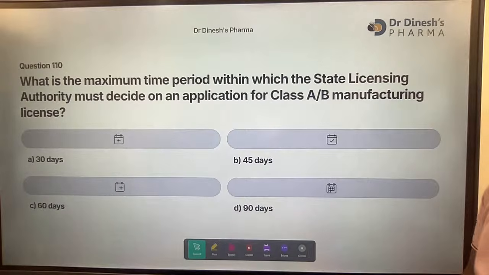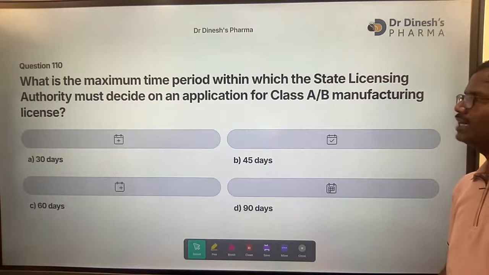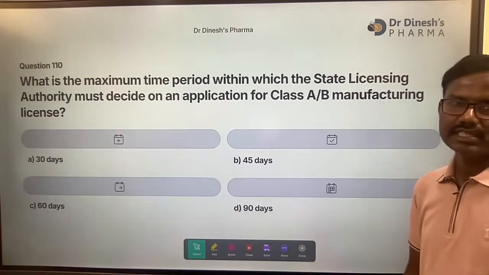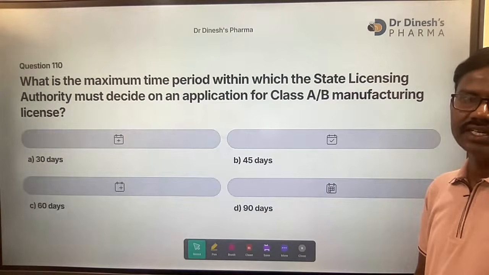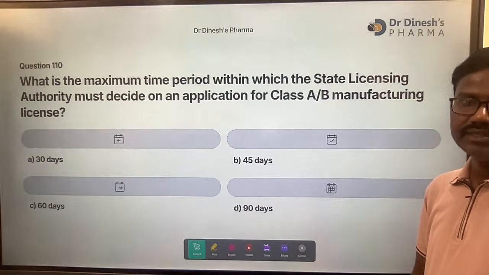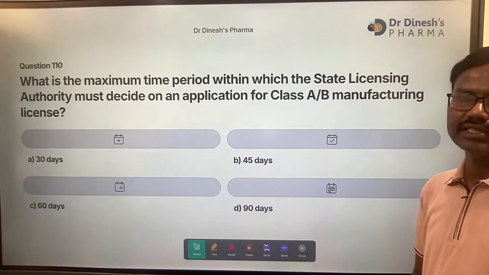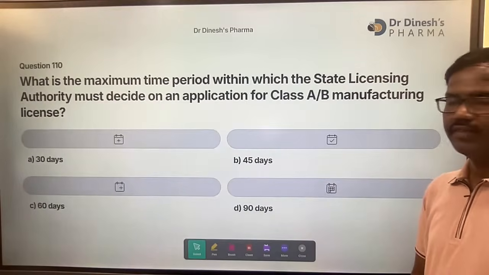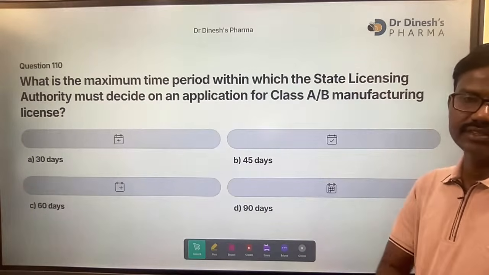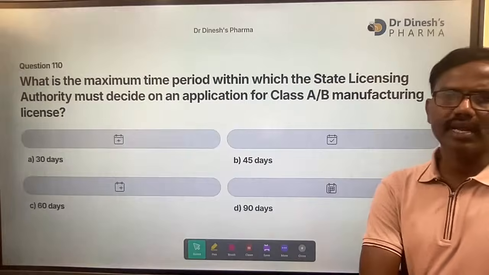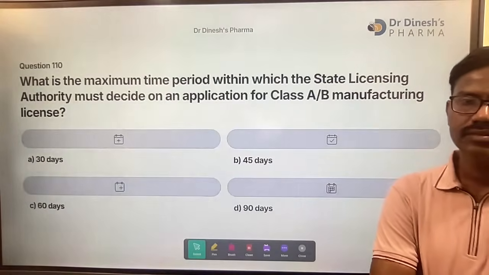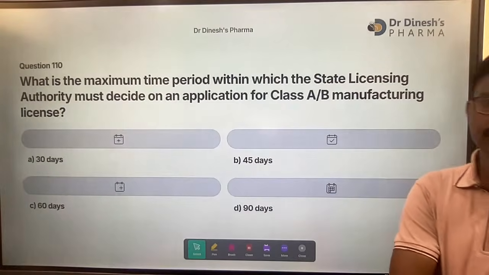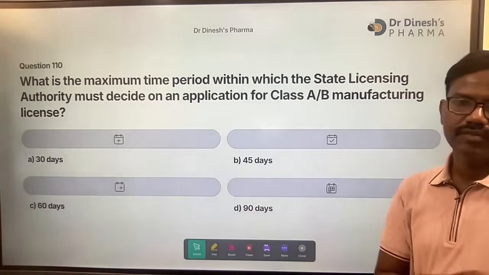What is the maximum time period within which the state licensing authority must decide on an application for a class A or B manufacturing license? 30 days, 45 days, 60 days, 90 days. How many days for class A, B?